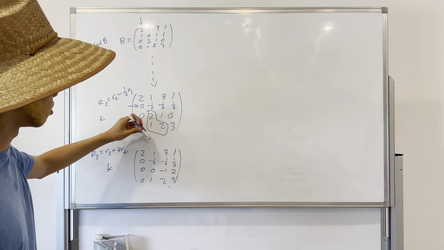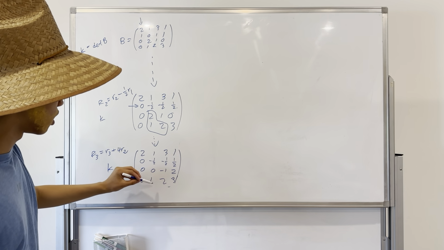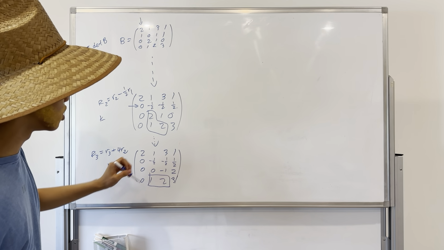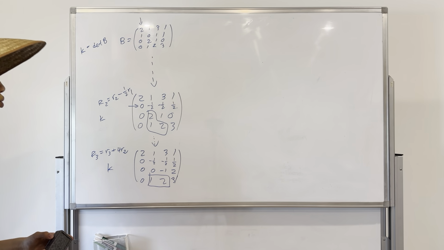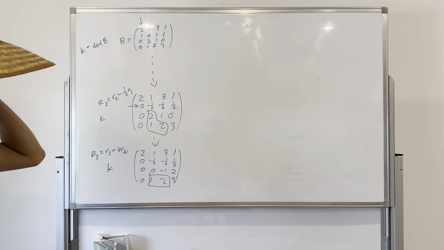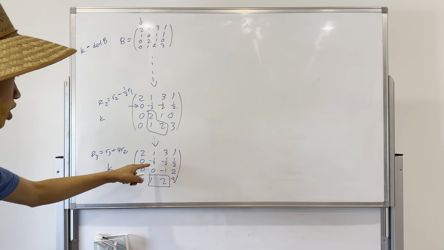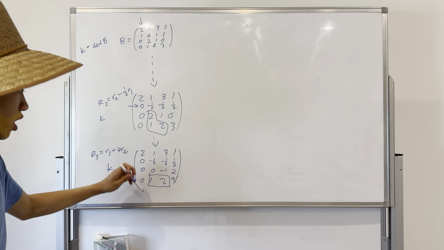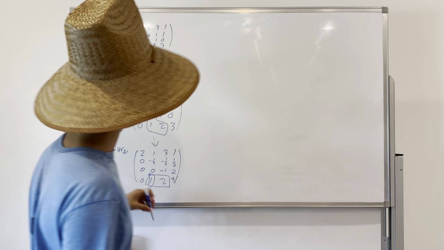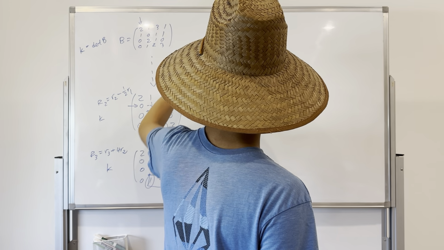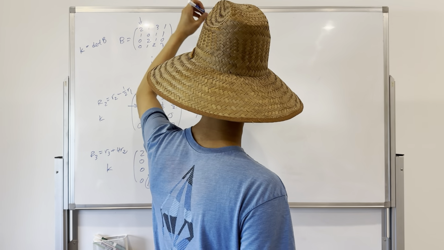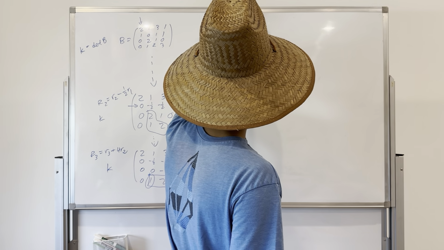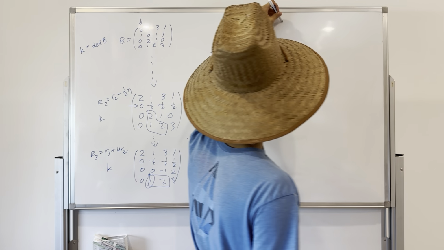Okay, so we can move on to the next step, which is getting rid of these terms in row 4. We could probably try to use row 2 again to eliminate this one term. So let's create a new matrix here. We have 2, 1, 3, 1.